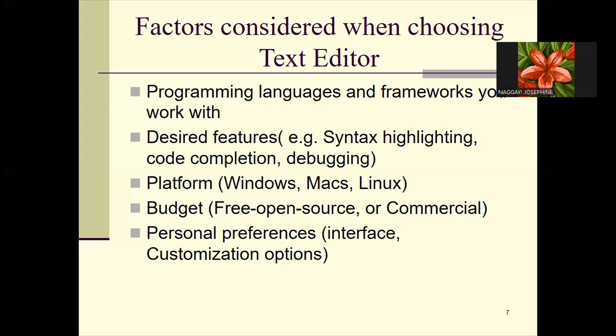For example, Notepad is just like Microsoft Word. You can even write your code in Microsoft Word and just copy it into Notepad, and it will run. So it will not guide you or show you where the error is. But when you're using other text editors like Sublime or Visual Studio Code, at least they show you where the error is and what you can do to fix it.